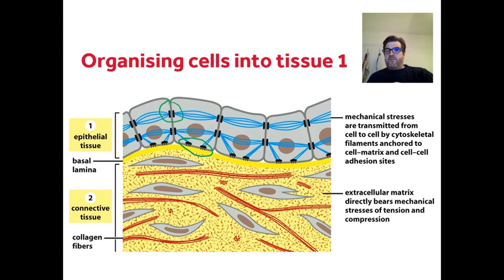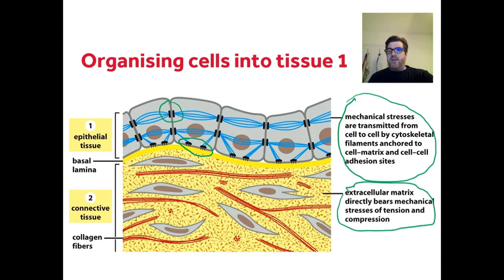But we're going to focus on this aspect, how mechanical stresses are transmitted and how things are communicated with each other. In the later part, we'll talk about the extracellular matrix and what's outside the cells and what role that has in forming organs and tissues.